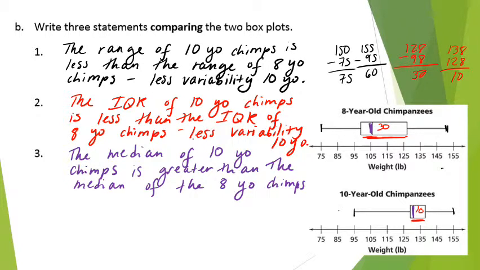Right, so the difference between those, or maybe let's say it's around 130 minus 105, that's 25 pounds of difference between those middle values, between those medians. So it's looking like the 10-year-old chimpanzees weigh on average, or on median in this case, typically more than an 8-year-old chimp.